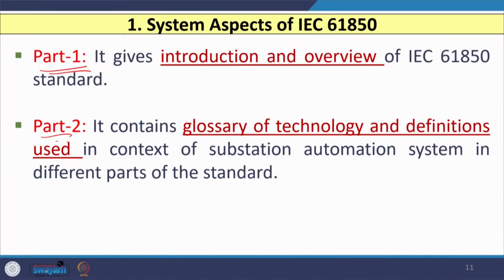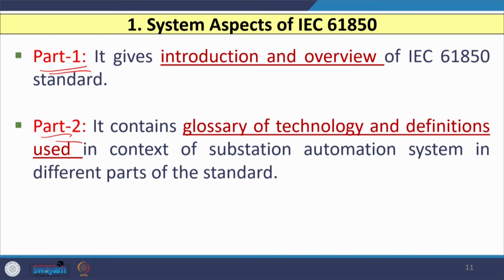In part 2 of system aspects, it contains a glossary of terminology and definitions used in the context of the substation automation system in different parts of the IEC 61850 standard.